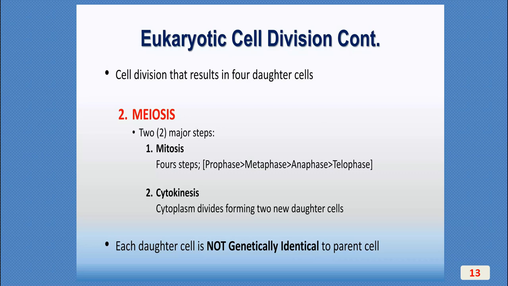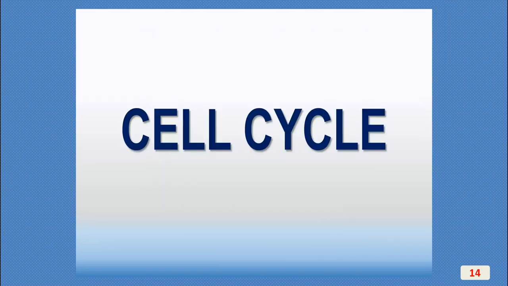One is mitosis, which also contains prophase, metaphase, anaphase, and telophase, and the cell divides into several cells. So the cell cycle is always a process of generation of new cells and the non-existence of the old cells.